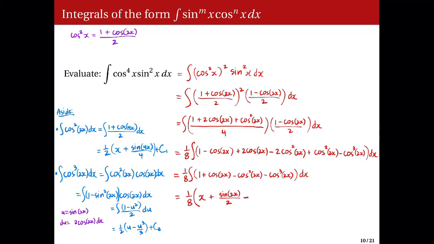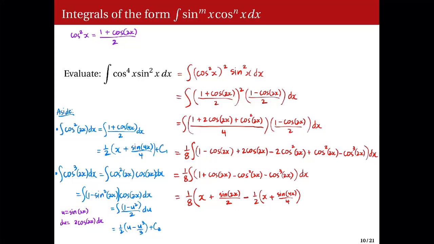Okay? So we will have 1 half times x plus sine 4x over 4 plus c sub 1. But the c sub 1, I will attach it later. Or I will just combine all the c's.